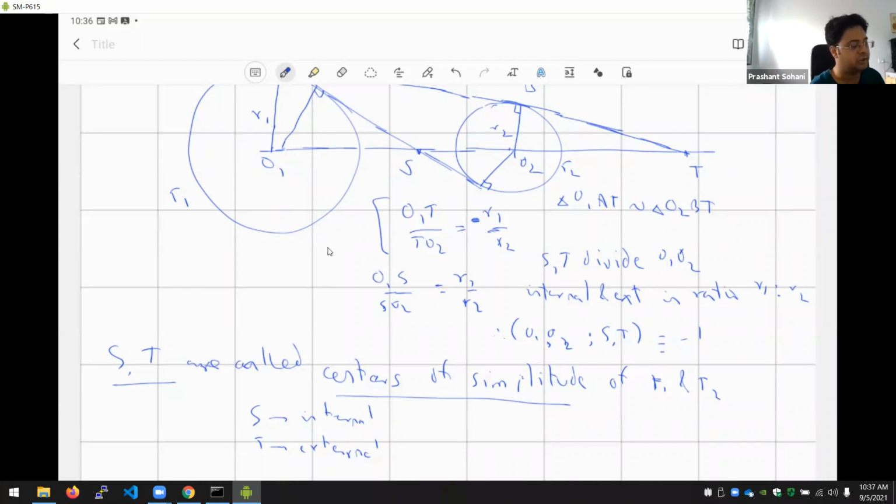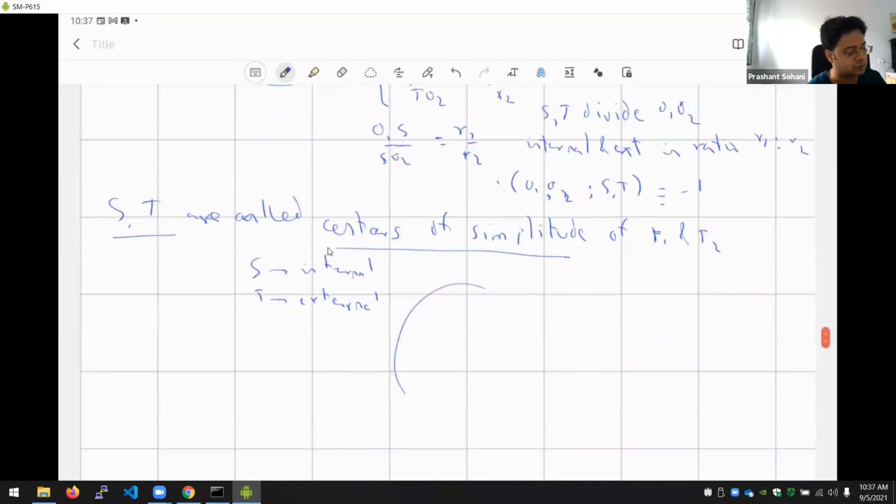But even if the circles are intersecting, or even if one circle is entirely inside another circle, even then, if one circle is inside another circle, there is no question of drawing tangents, but you can still construct the points on this line. Maybe the T will not lie here; I don't know where the point T will lie, somewhere here.